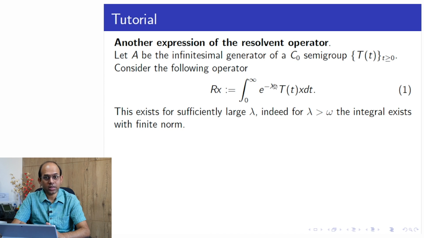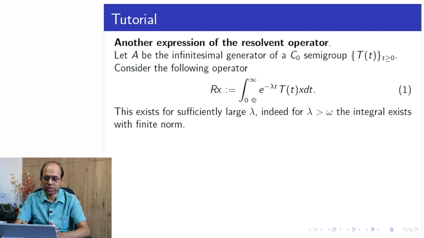And if lambda is larger than omega, then the integrand, after taking the norm, would be upper bounded by one constant, and not only constant, it would decay, right? If lambda is more than omega, it would decay to 0, so it would have exponential decay, and hence this integration would be finite.